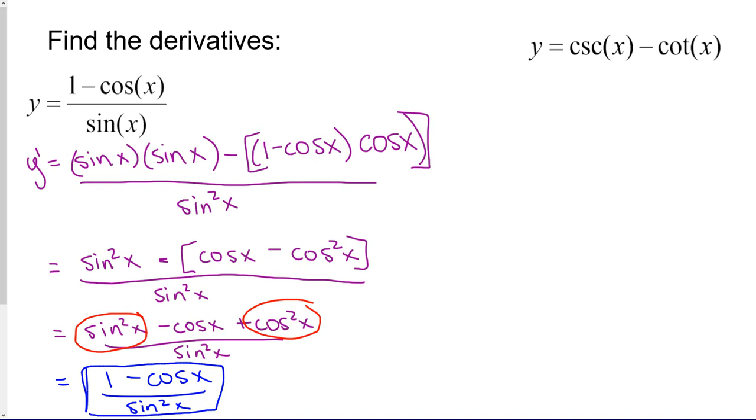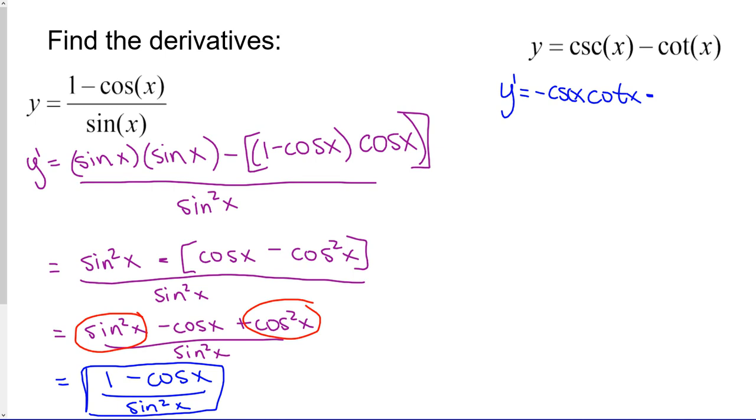Okay, over here, we're just going to go ahead and find each of these pieces individually. Now, if we can remember our trig function derivatives, this is actually going to be really easy. The derivative of cosecant of x is negative cosecant x cotangent of x. And then we're going to subtract the derivative of cotangent of x.